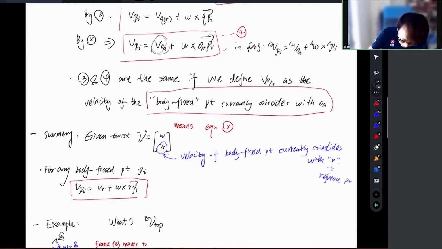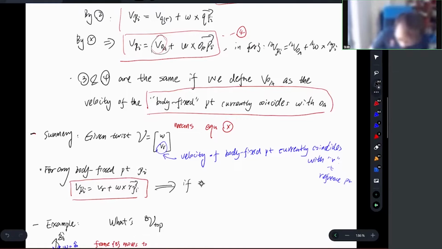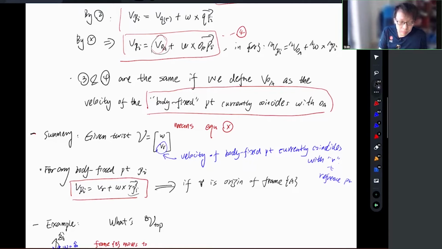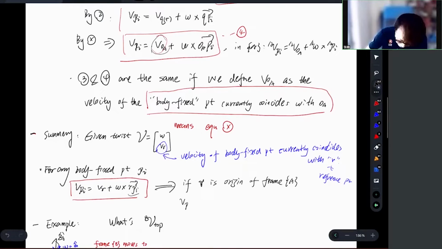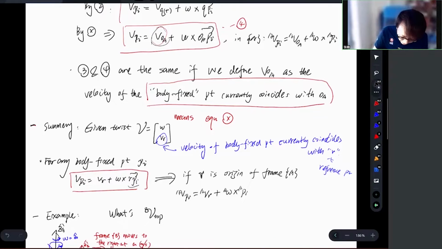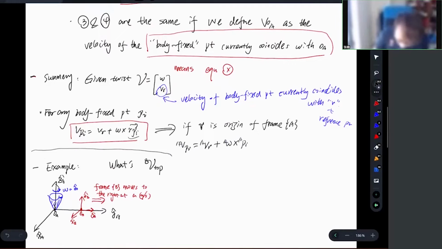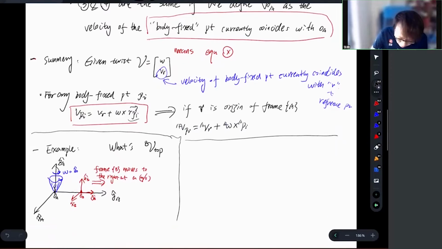And if R point is origin of a frame, let's call it A again, then we know this will be the point representation of that PI in the frame A. So then VPI in A equal to VR in A plus omega in A cross PI in A. Okay, so that's the fact I want everyone to remember.